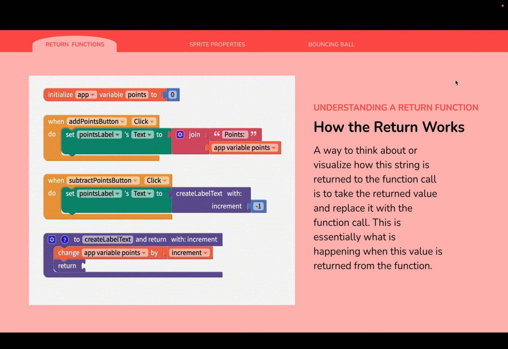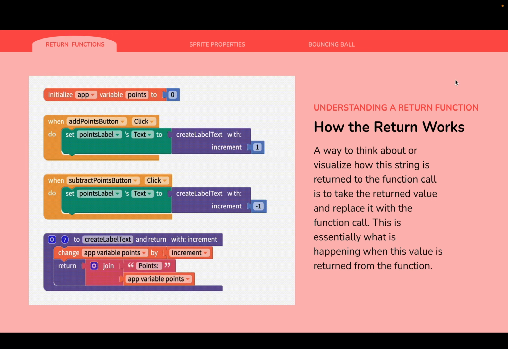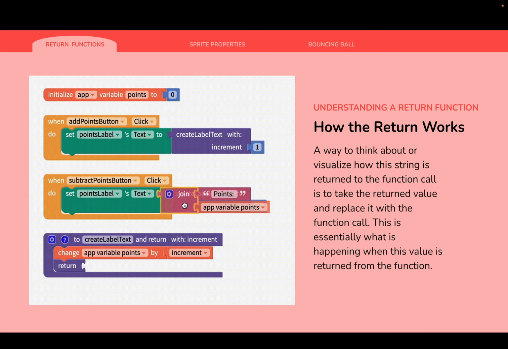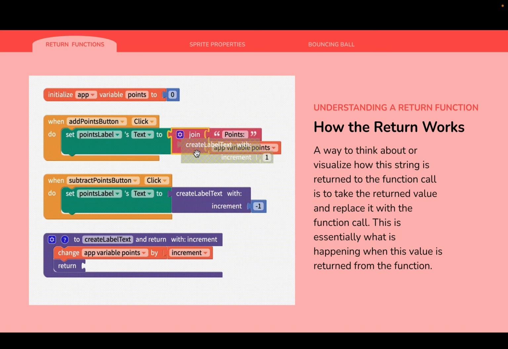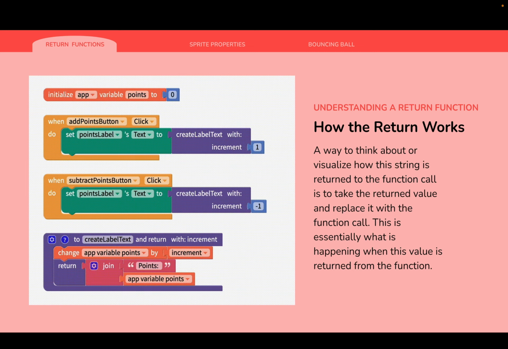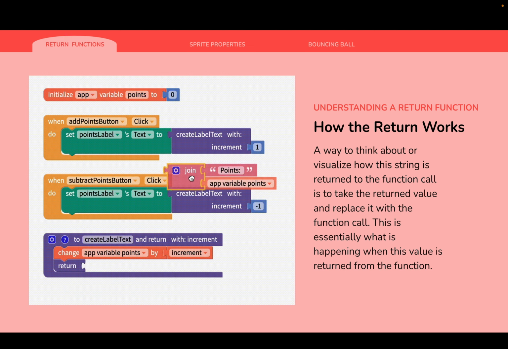As I mentioned, another way that you might visualize how this works is by taking that return value and replacing the function call block with it. This will not call the function, and this won't have the correct functionality for the app, but it gives you a visualization of what's going on when that return occurs.